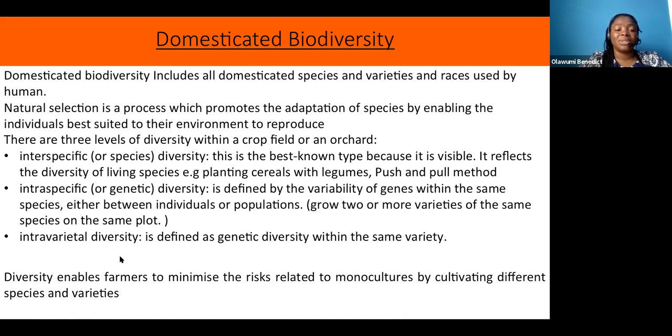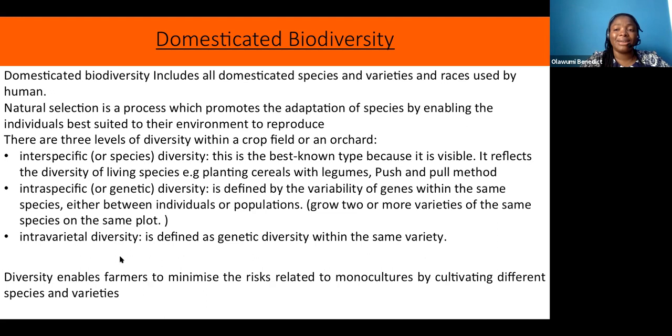So domesticated biodiversity. Like we said, there is wild biodiversity and there is domesticated biodiversity. What is domesticated biodiversity? It includes all species that have been domesticated to a particular environment or even to the entire world.